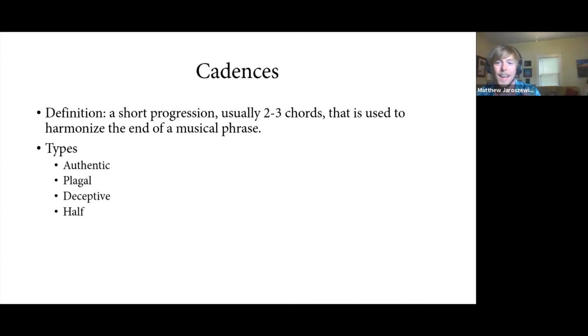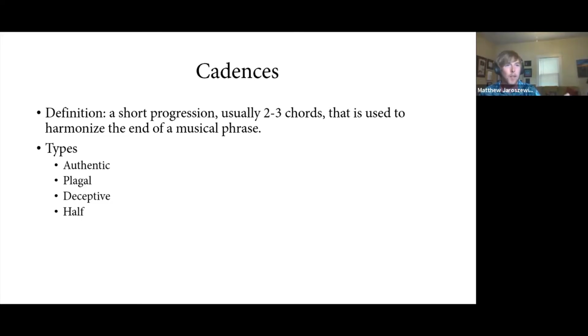I'm going to use another geometry allusion. A square is a rectangle, but a rectangle is not always a square. Likewise, a cadence is always a progression, but a progression is not always a cadence. Cadences specifically occur at the end of a phrase.